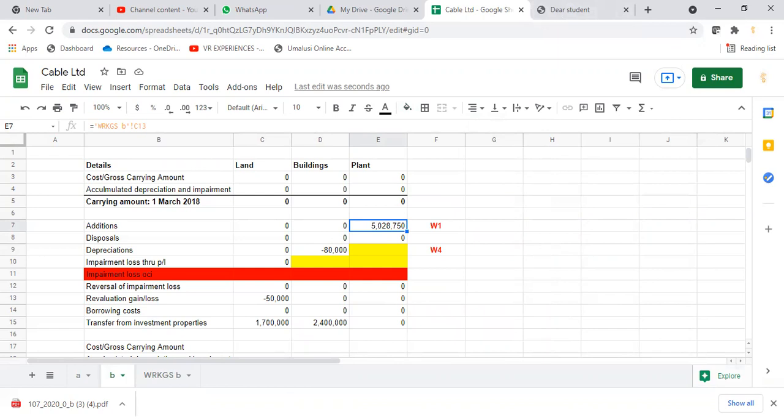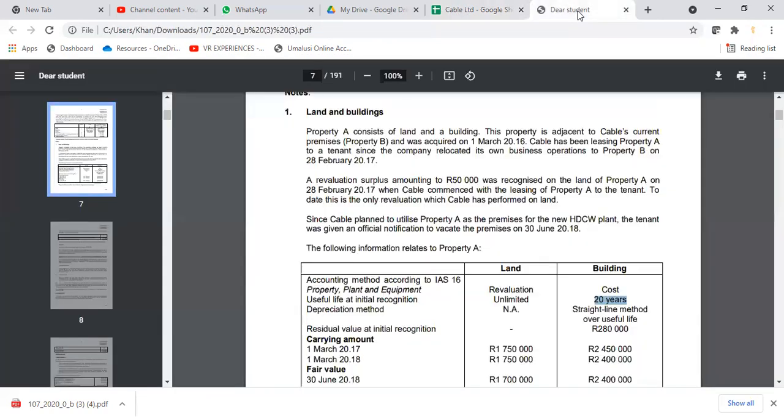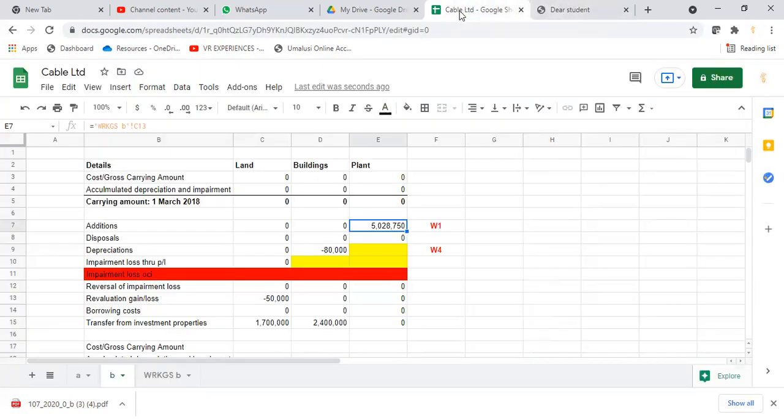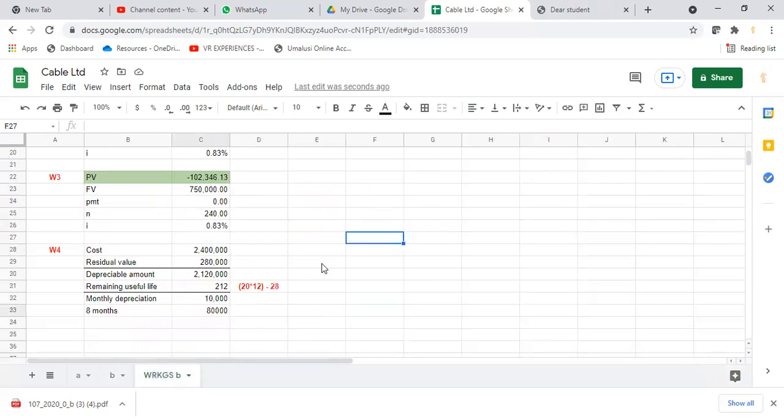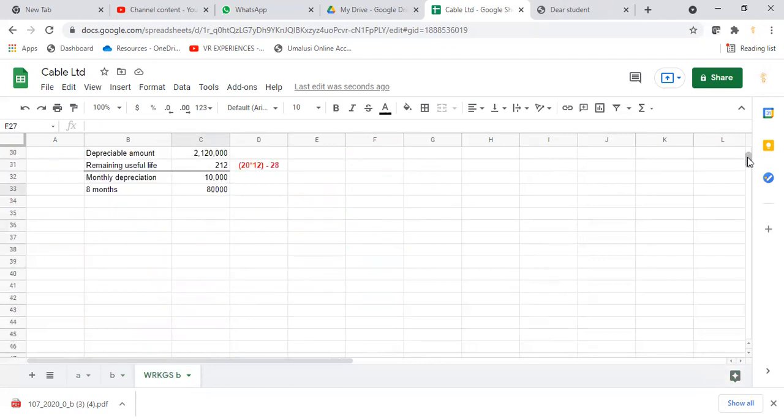Now remember, the component approach has 3 aspects when it comes to depreciation for the plant. So for depreciation of the plant, it's going to be the following.